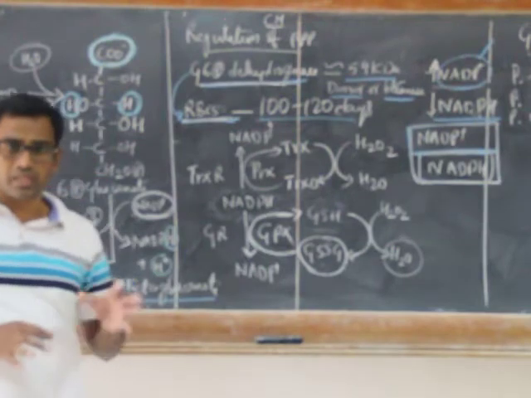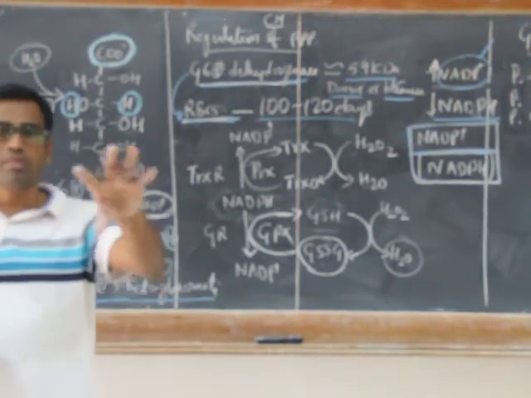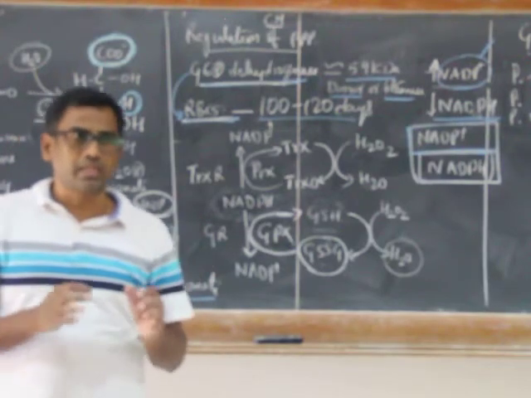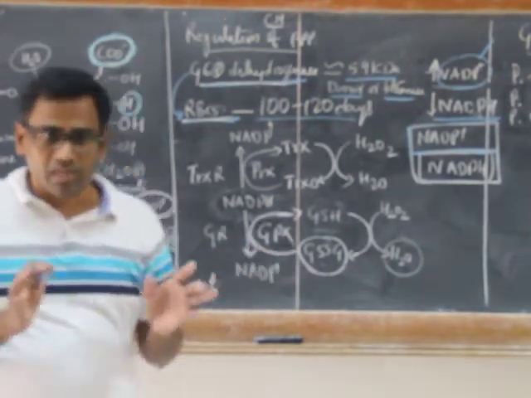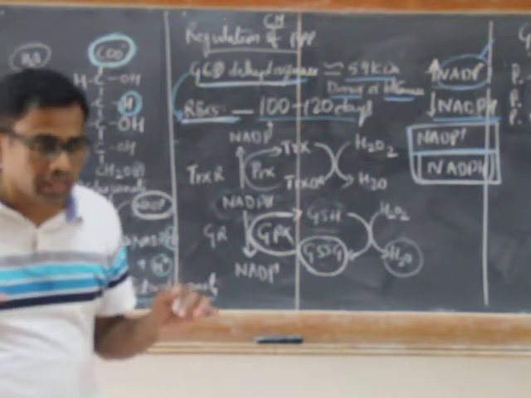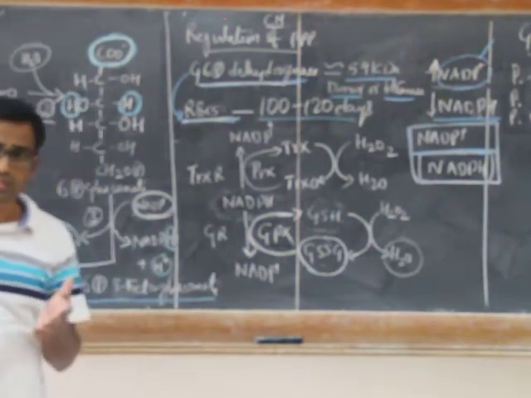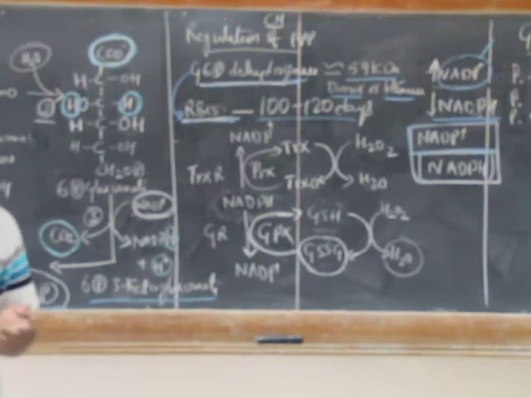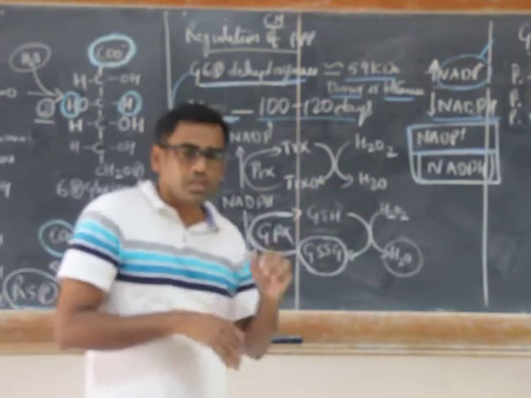That oxidative stress converts hemoglobin to methemoglobin. Ultimately, this oxidative stress damages plasma membrane. Right? Then how do these RBCs reduce reactive oxygen species? Mainly hydrogen peroxide.